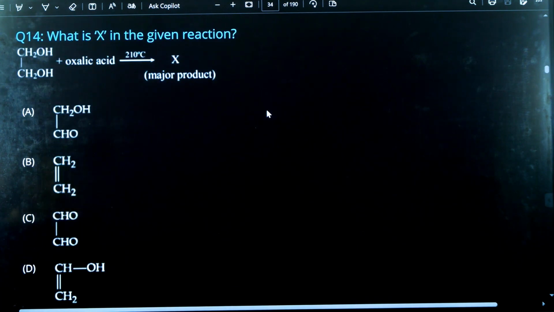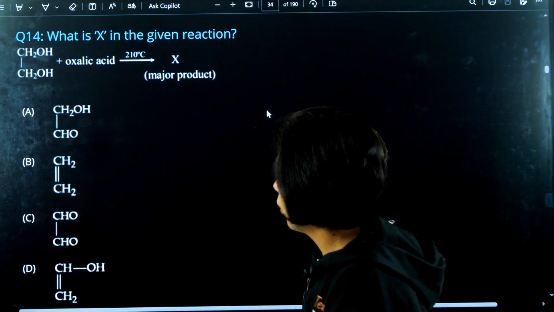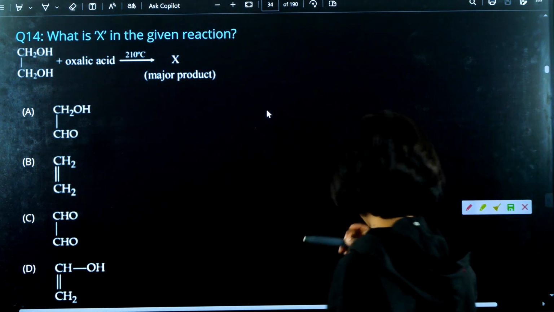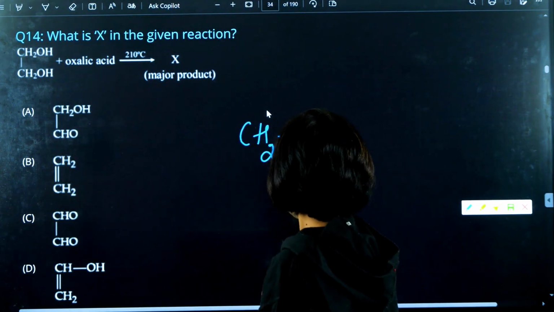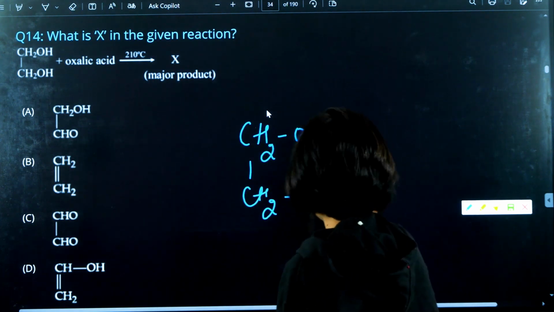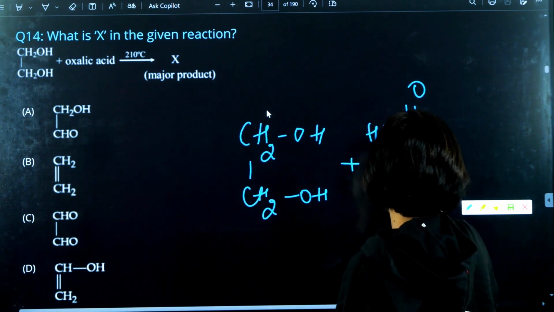Okay, now what is X in the given reaction? So we have alcohol and oxalic acid. Whenever I say alcohol and acid together, ester formation strikes us, right?